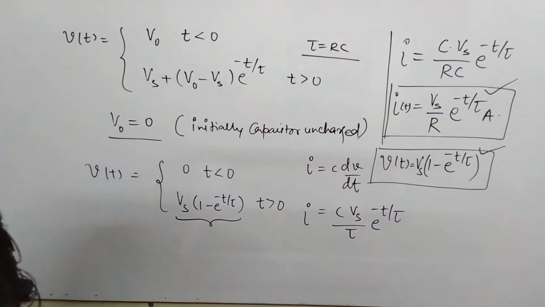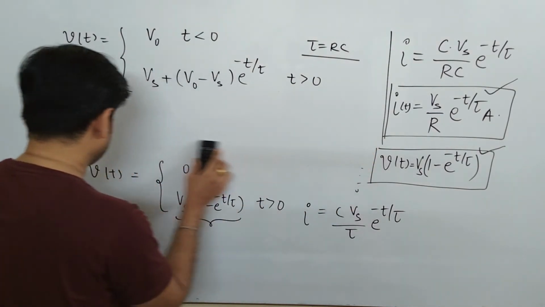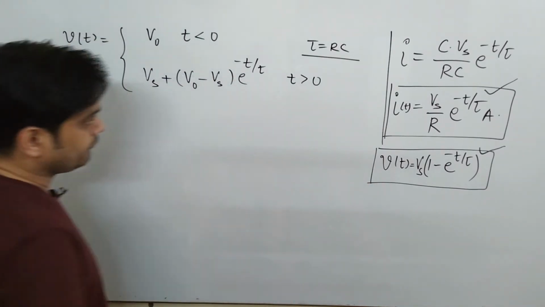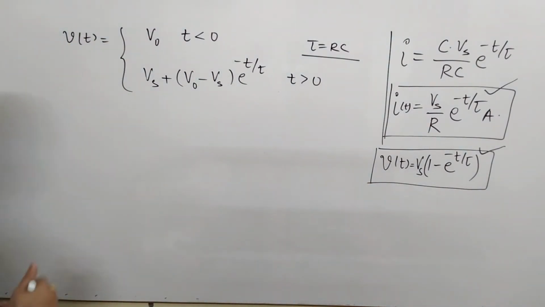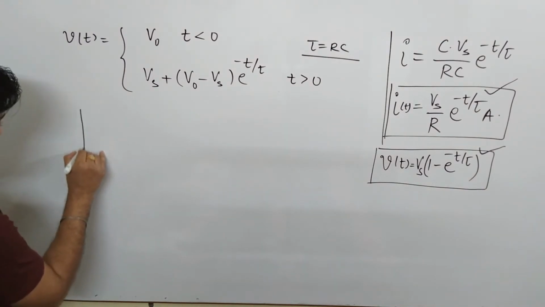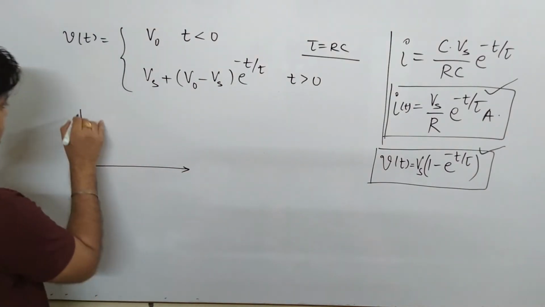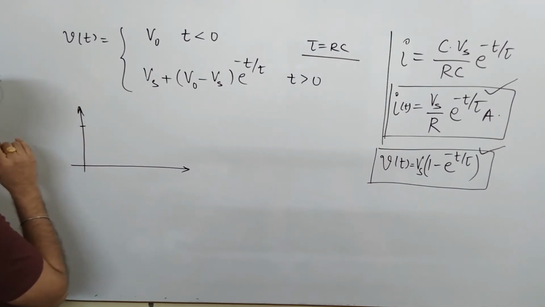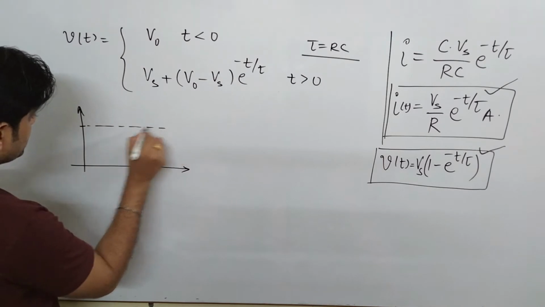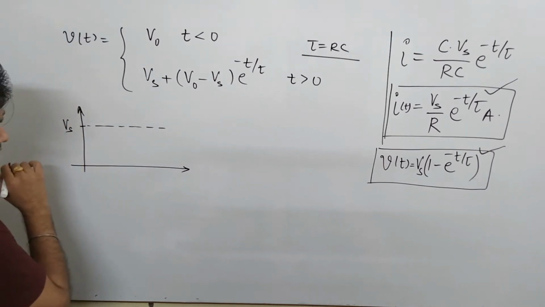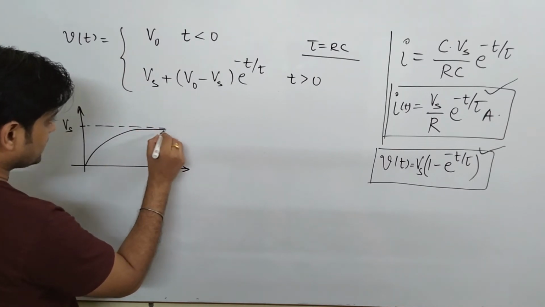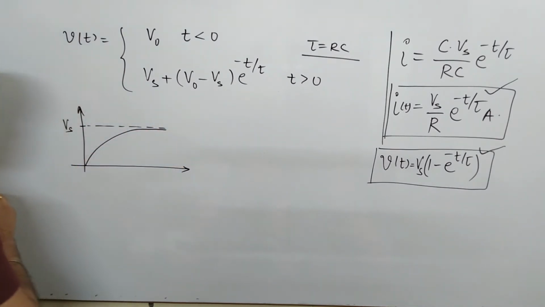We will draw it also. If we draw Vt, this is the level of your Vs, and 1 minus e to the power minus t by tau is the graph which is moving in this fashion.